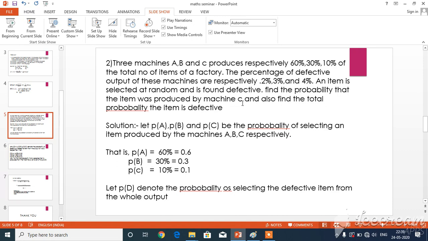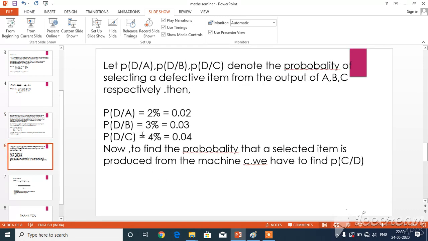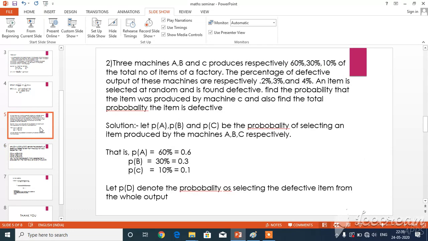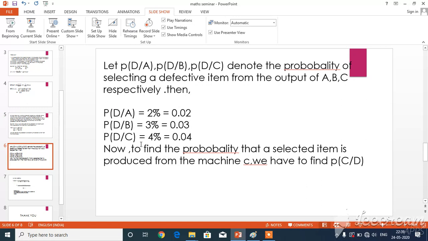We know P of D over C, so we have to find C over D.